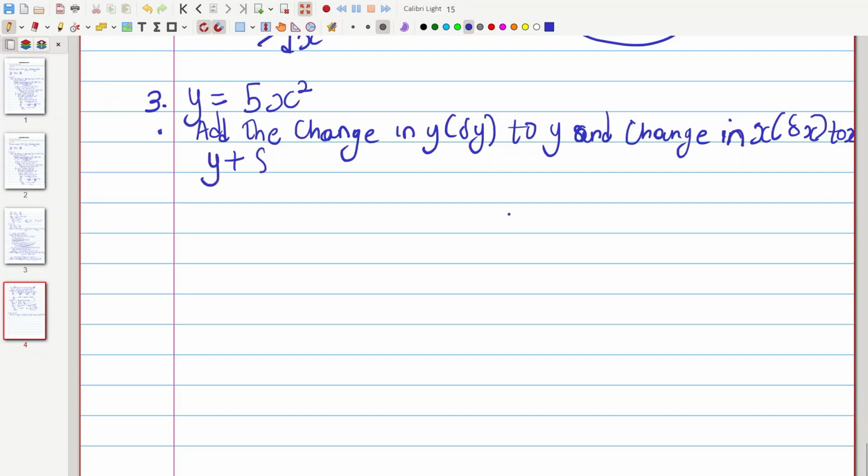Y plus change in y, sorry. So this basically would be 5 open brackets x plus change in x squared. So the coefficient does not change. So this will be y plus. So we are going to be expanding this.